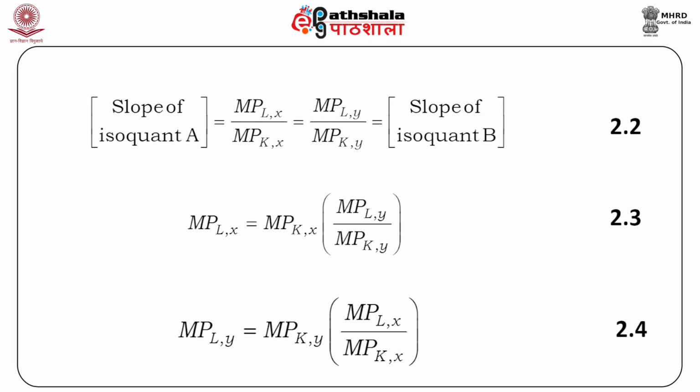Therefore, if we were to take the MPKX onto the right hand side, the equation would become MPLX is equal to MPKX into MPLY divided by MPKY, and this is equation number 2.3.